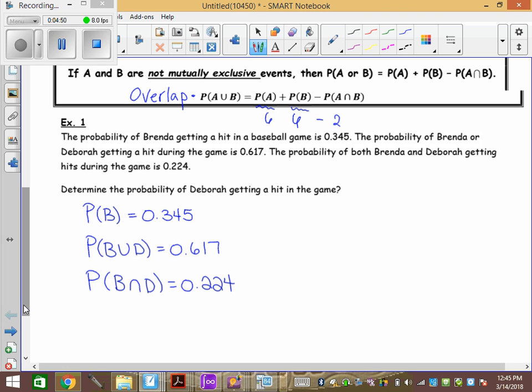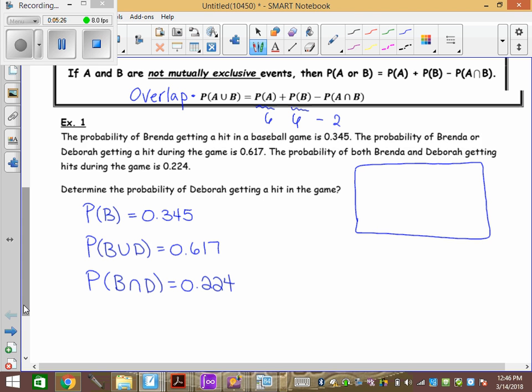If I did a Venn diagram and I drew my 2 circles, they would be completely separate from each other if they were mutually exclusive, which would mean that there would be no overlap, no ands, correct? The moment I give you an and, what are you going to tell me this question is? Not mutually exclusive. Why? Because there's overlap between Brenda and Deborah. If I drew this as a Venn diagram, I would have to draw it with an overlapping circle.